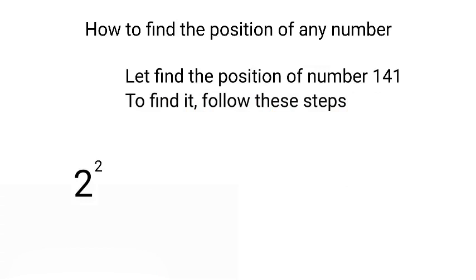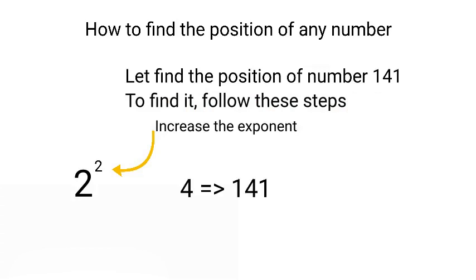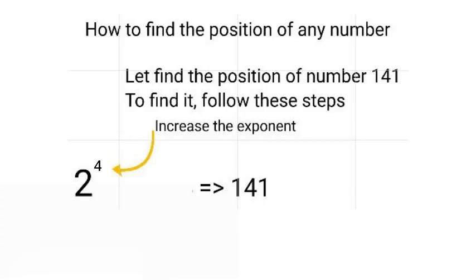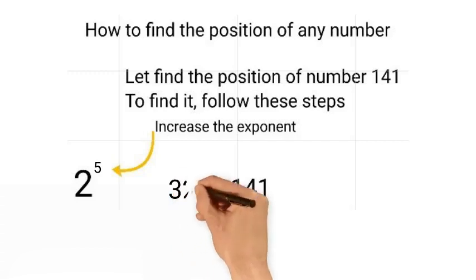Because we're working with groups in base 2, we'll start with 2 squared. Increase the exponent until the expression is greater than 141. 2 to the power of 3 equals 8, and 8 is less than 141. 2 to the power of 4 is 16 and 16 is less than 141. 2 to the power of 5 is 32 and 32 is also less than 141.